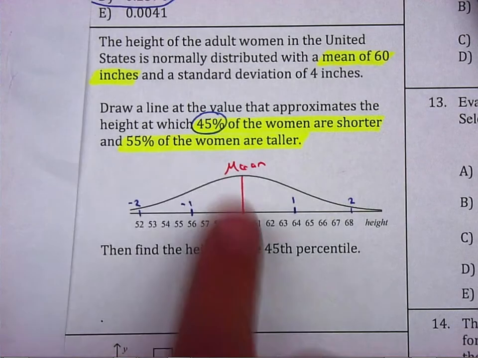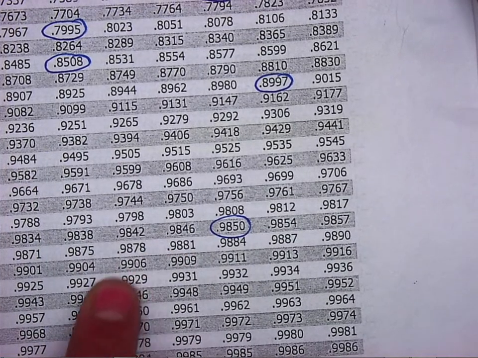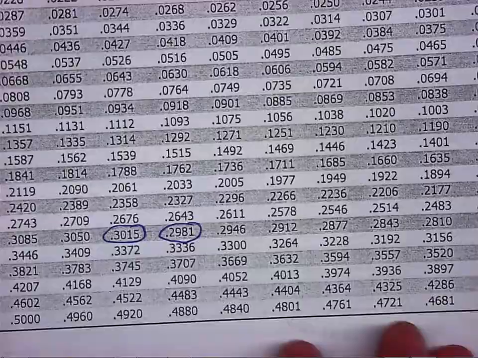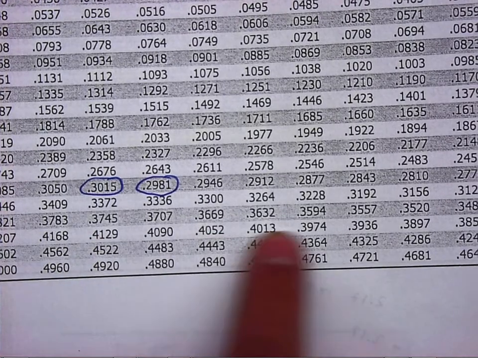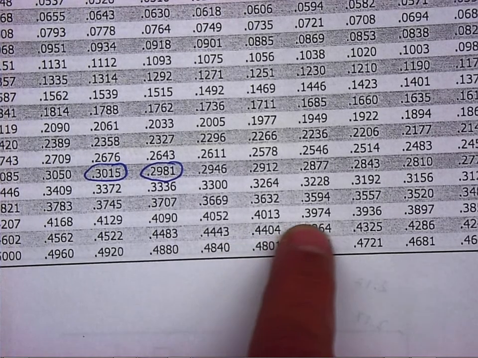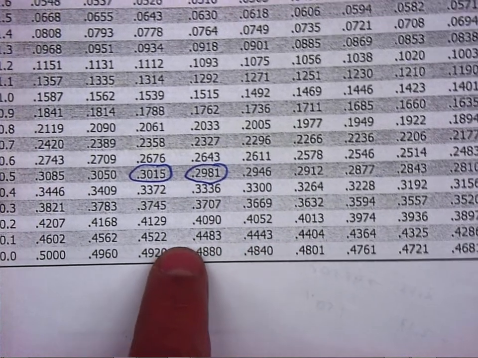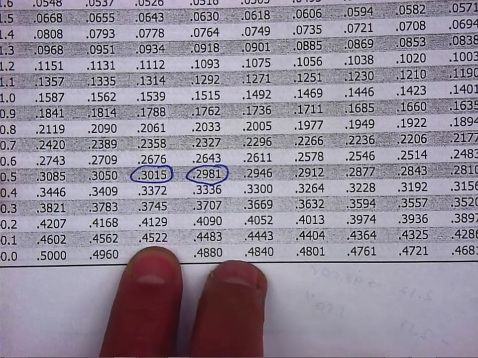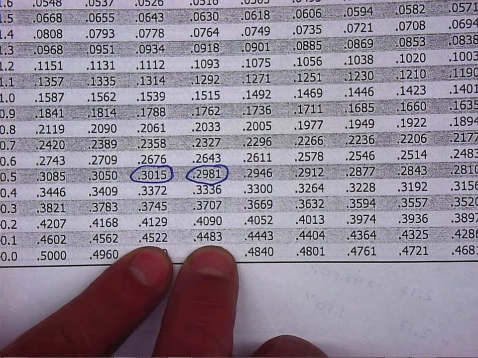So the percentage is 45. I'm looking for 45. I'm going to turn the page over. 45%, 45%, 47, 48, 44, 44, 45. So it has to be between 48 and 83 and 45 and 22.